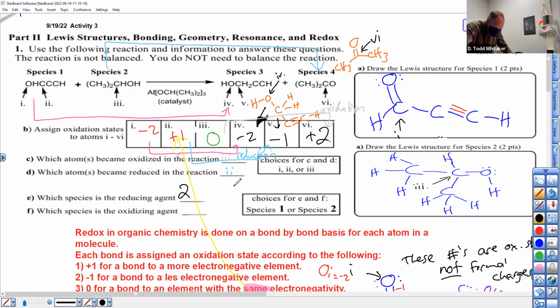Point to an atom. It happened. Yeah, I didn't write it down though. It happened in gray, from 3 to 6. Well, this species is the one that got oxidized, right? Must have been the other one that caused it. Species 1. If no species 1, no oxidation of species 2. There you go.